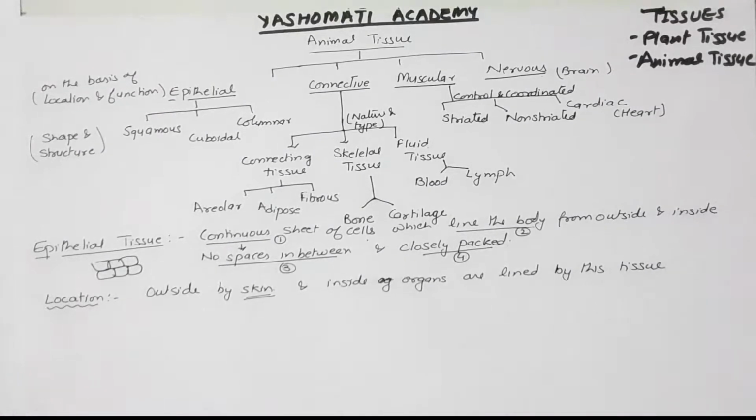That means the inner side of the stomach, the inner side of the intestine, and the inner side of your buccal cavity. All these are lined by these types of tissues.